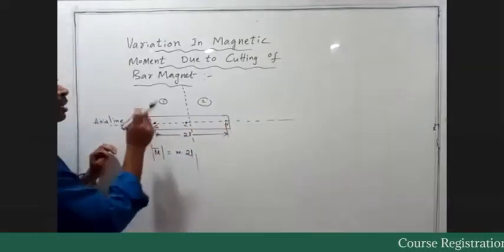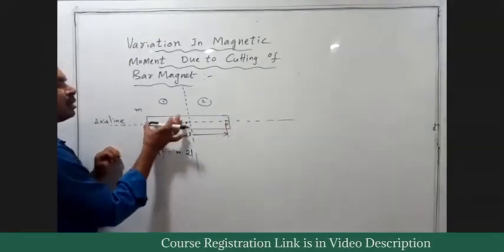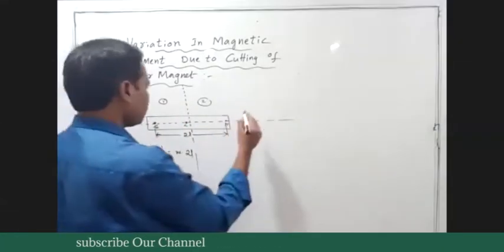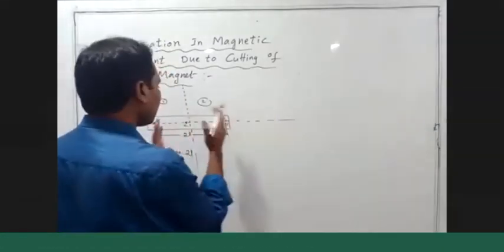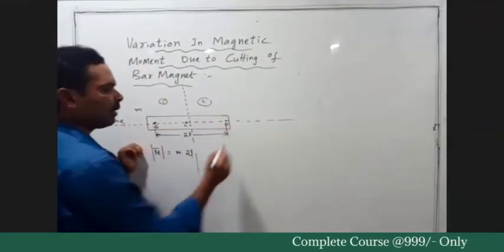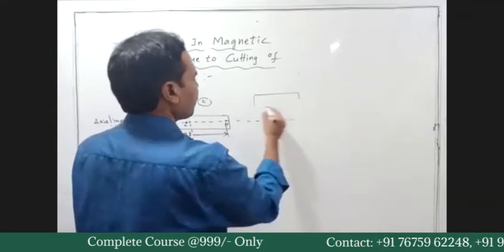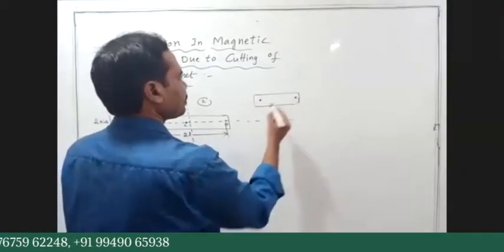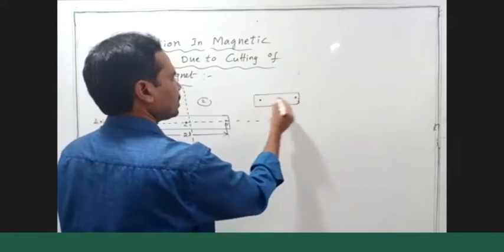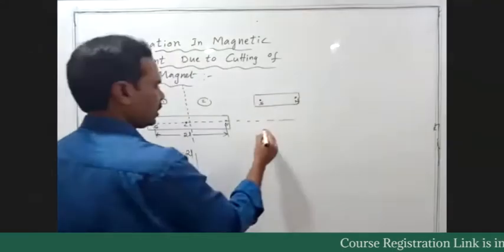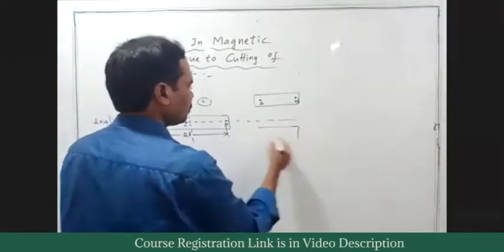Now I want to find the magnetic moments of these two pieces. After cutting this magnet perpendicular to the axial line, this is part 1, with south and north poles, and this is part 2.